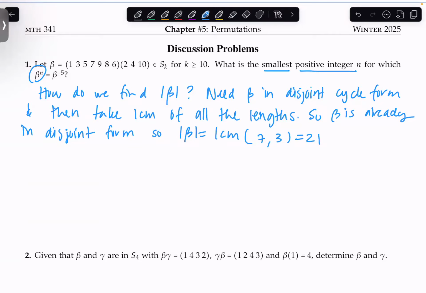The GCD is 1. So the LCM must be the product of the 2 numbers here. Or I can take the prime decomposition of both and take the max of the power showing up. Here I have 7 to the first, 3 to the first. The max on my 7 is 1. The max on my 3 is 1. I do get 7 times 3 here for my LCM.